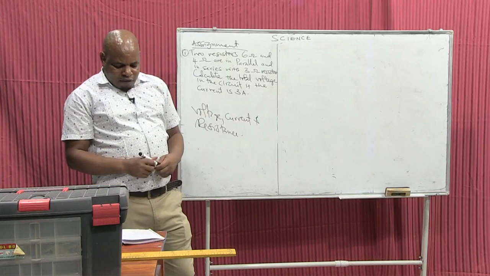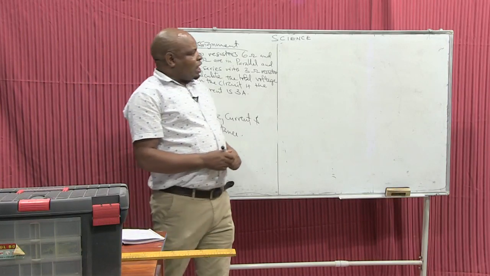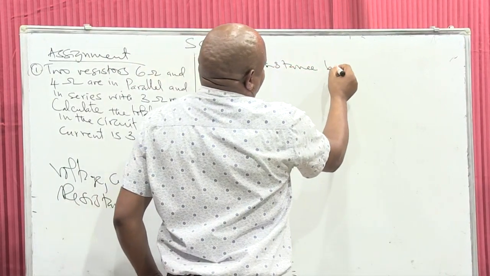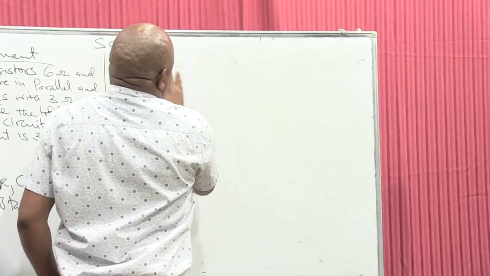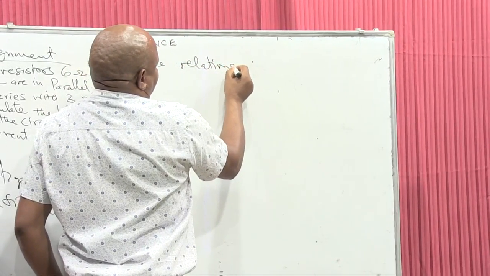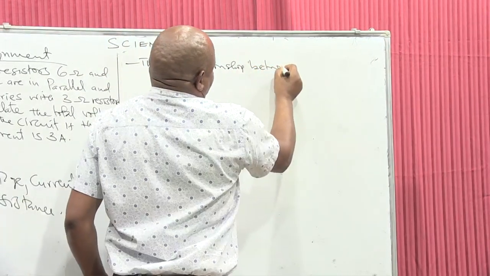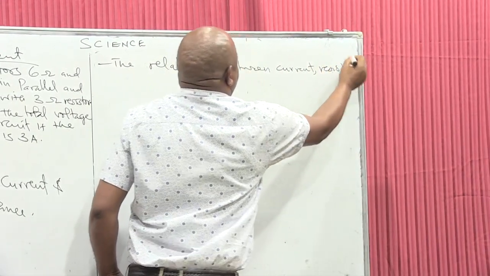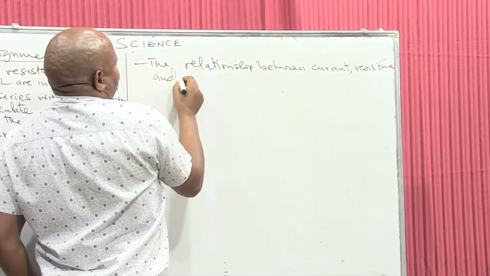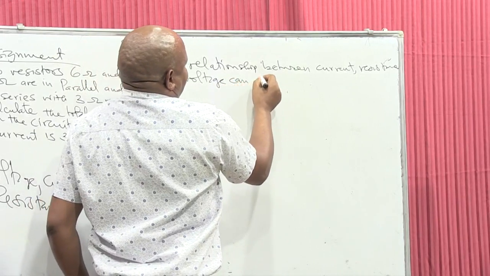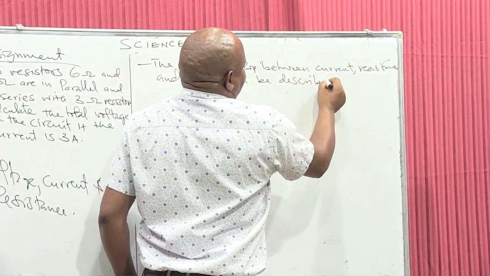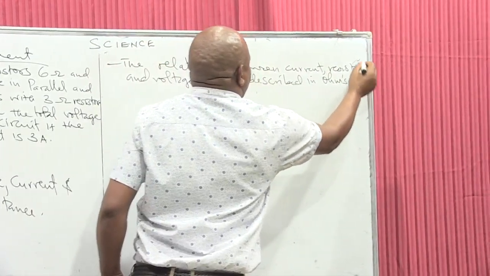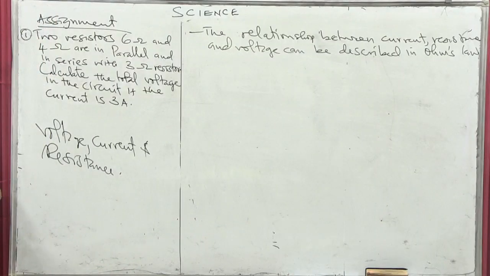The relationship between voltage, current, and resistance can be well described in Ohm's law.